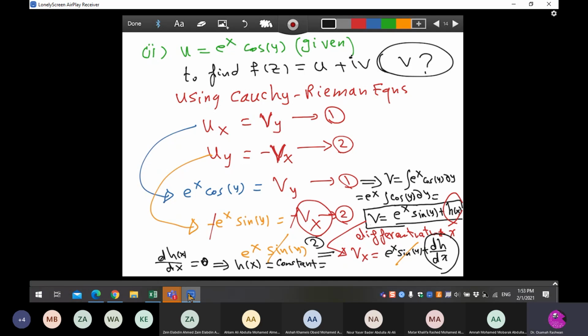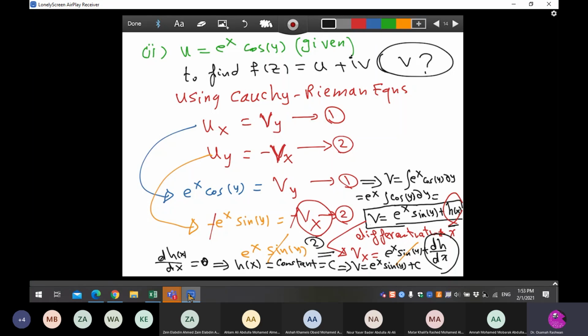I call it C. Now I go back to V and find the missing part, which is h. So V equals e to the x sine y plus C.